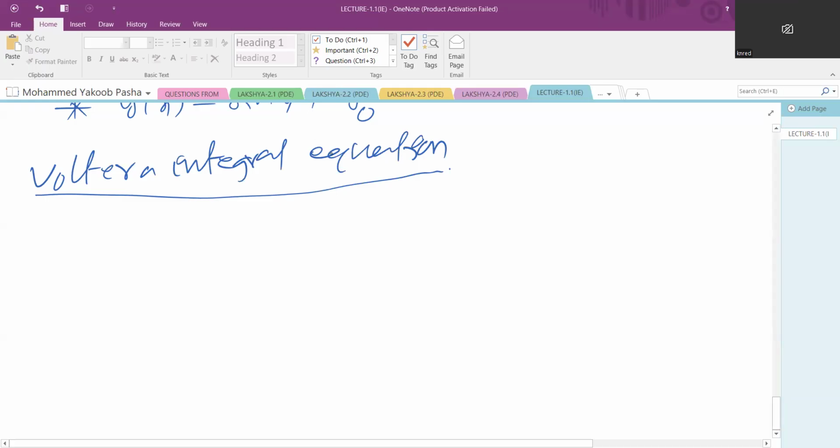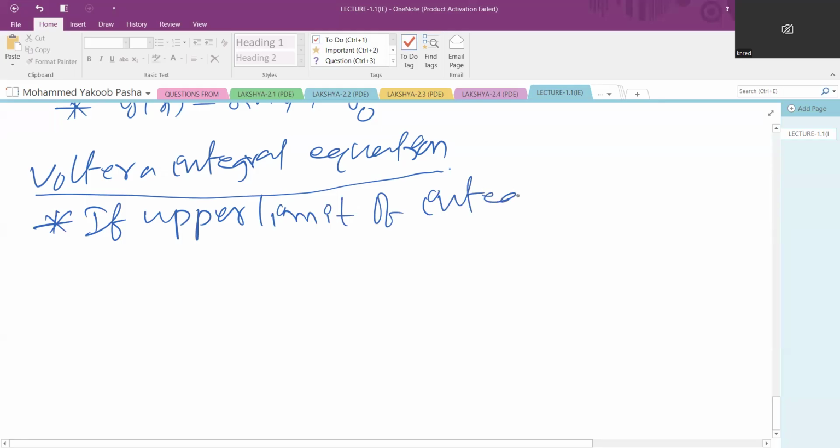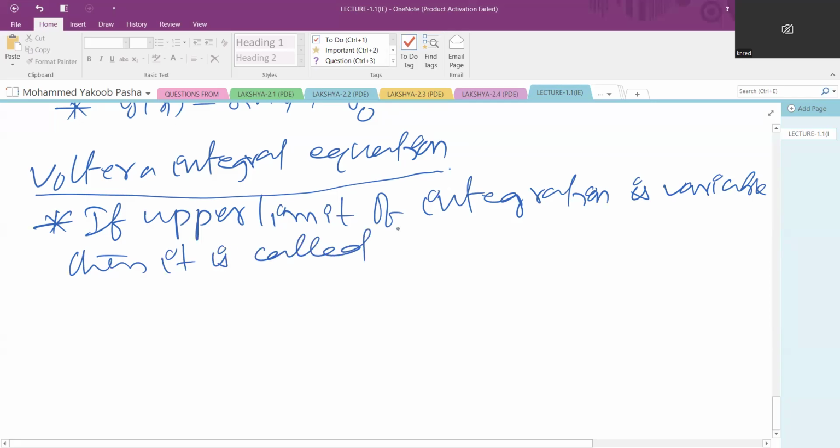If, in particular, the upper limit of integration is a variable and the lower limit is a constant, then it is called a Volterra integral equation.